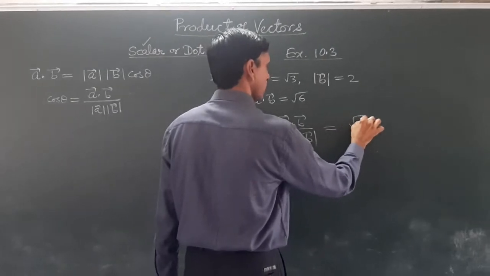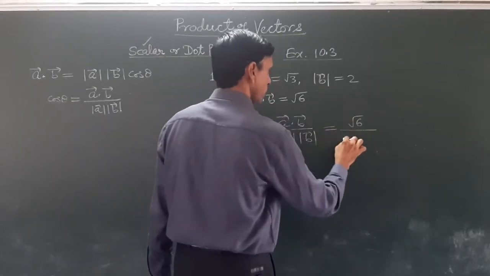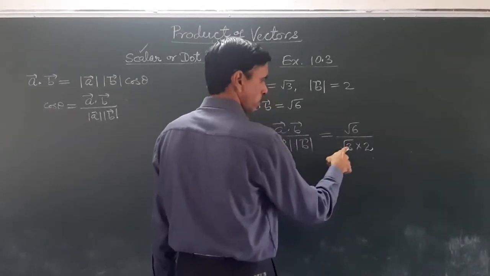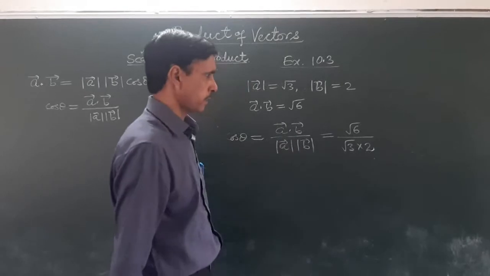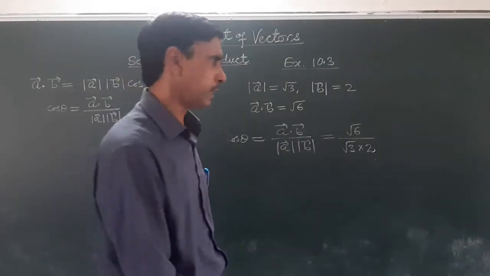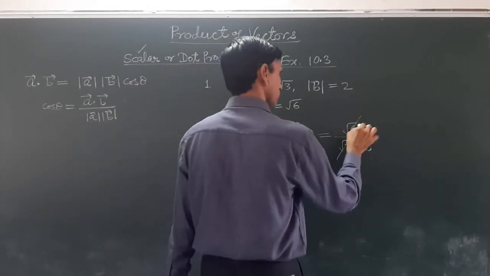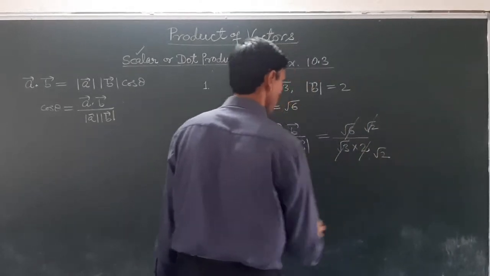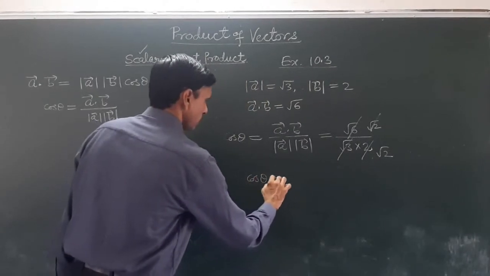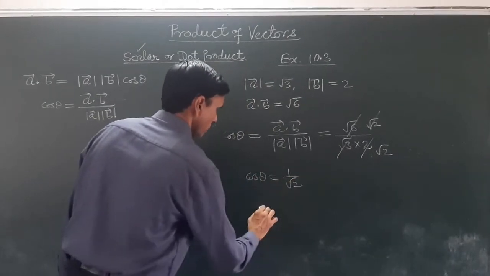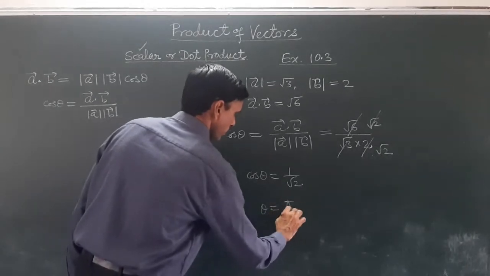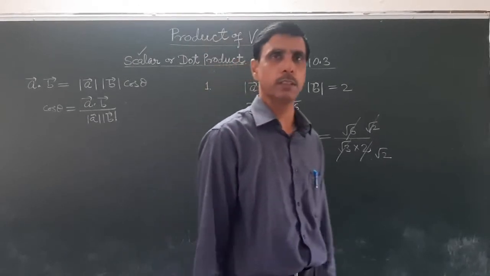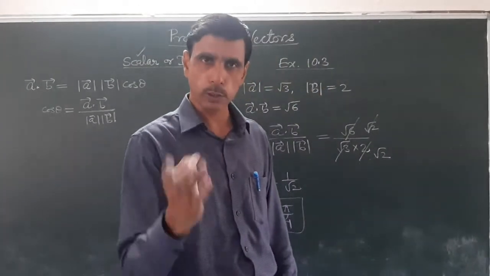What is A dot B? अंडर रूट 6, मैग्नीट्यूड A अंडर रूट 3, मैग्नीट्यूड B is 2. अब रूट 3 से रूट 6 काटेंगे तो क्या बचेगा? 2 बचेगा या रूट 2? रूट 2. रूट 2 से 2 कैंसिल होगा तो cos theta is 1 by under root 2. So theta will be 45 degree angle. This is your first question for 1 mark. And all the questions will be like this.